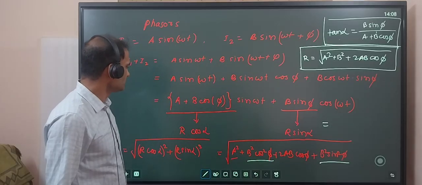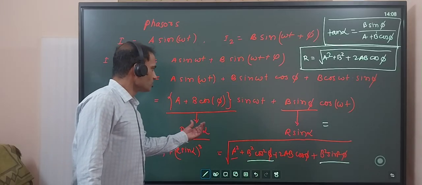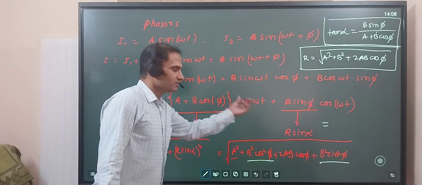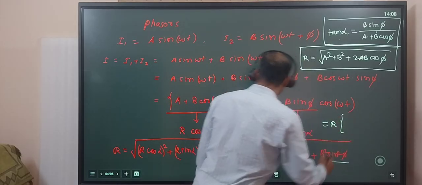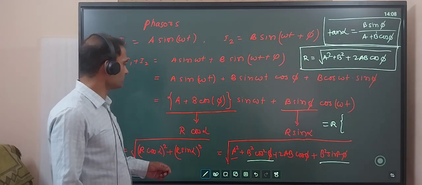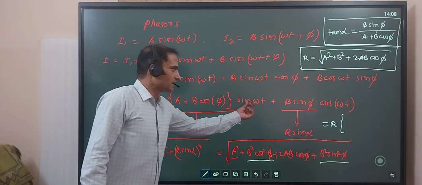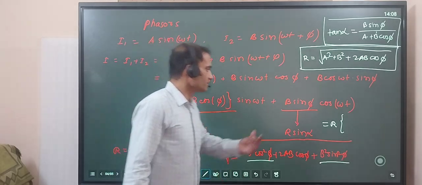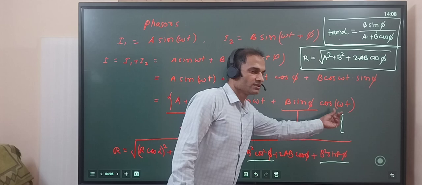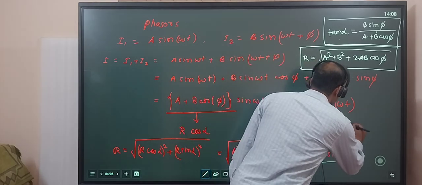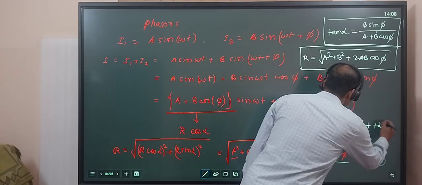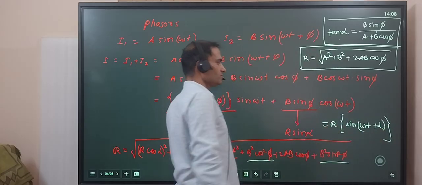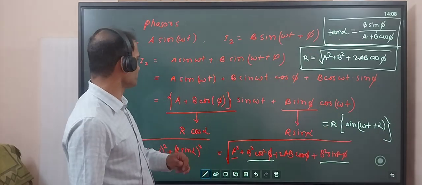See, this is cos alpha into sin omega t. If you take r common, what you will get is r cos alpha into sin omega t and r sin alpha into cos omega t. So this is r sin omega t plus alpha.